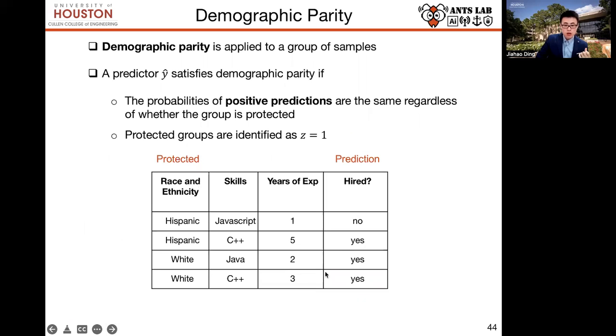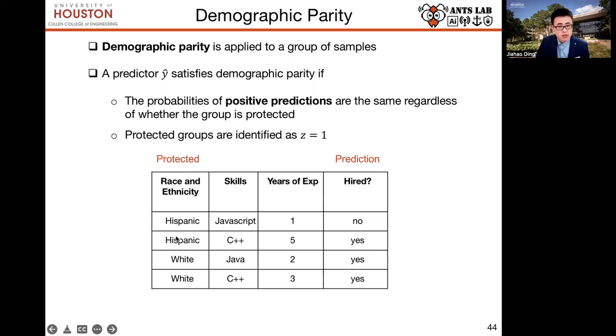Consider this table, a data set used to predict whether a person should be hired or not. Each data point has three features: race, skills, and years of experience. The protected attribute in this table is race.